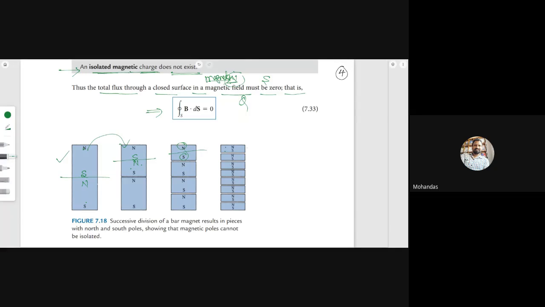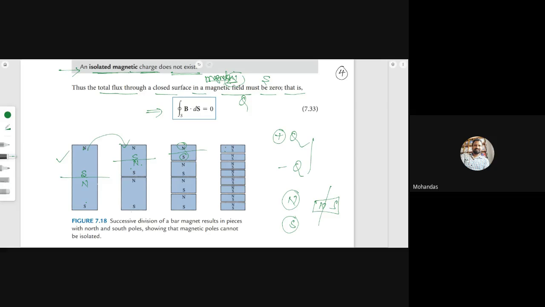In electrostatic fields, plus Q is available separately and minus Q is also available. In a magnetic field, a separate north pole does not exist, a separate south pole does not exist. Combinedly they act together, even if you break the magnet.